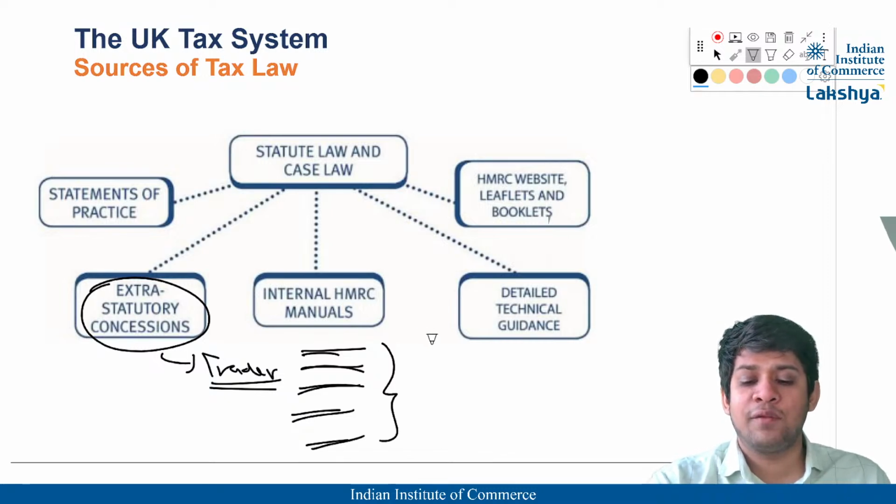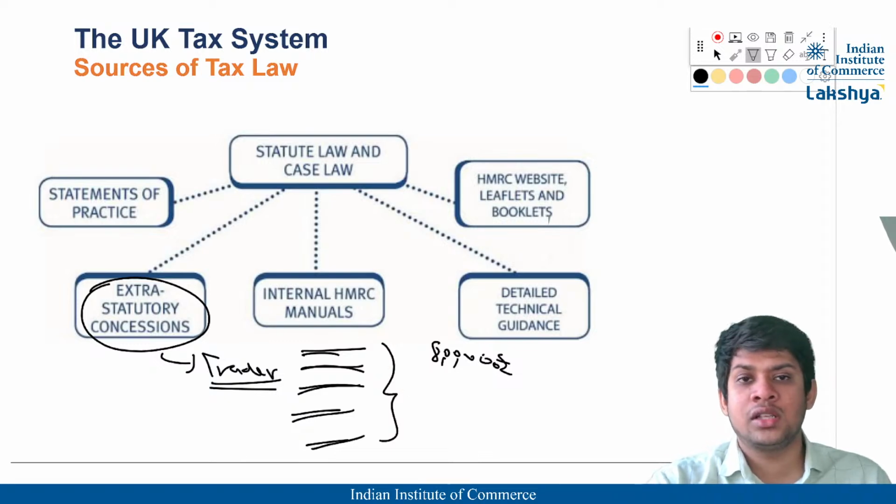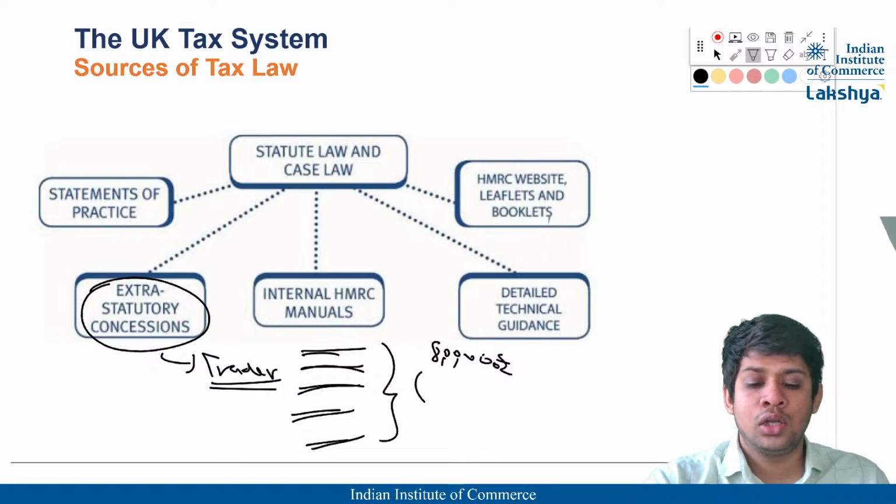So his total income for the year is 8 lakh pounds. But obviously he purchased a lot this year because he just started trading. So the total expenses for him was maybe 6 lakh 50,000 pounds.